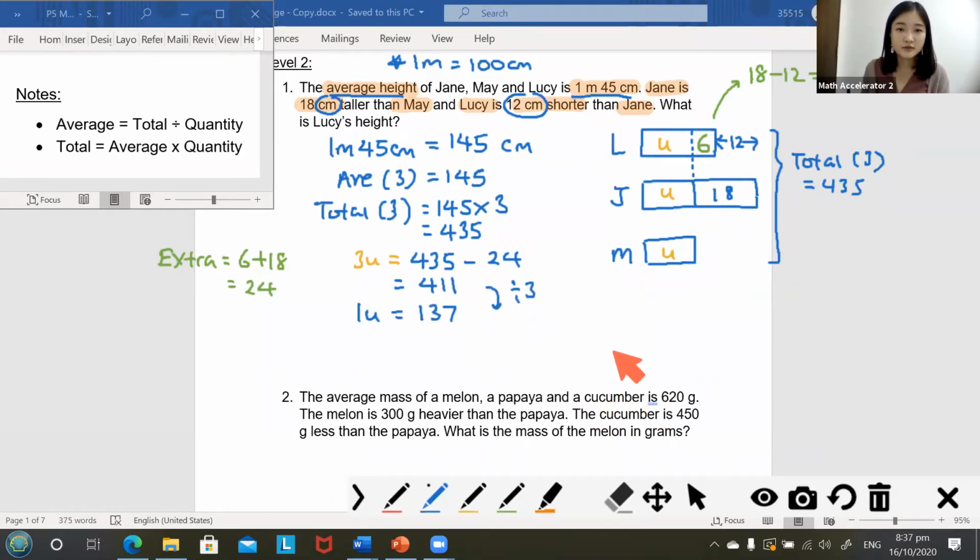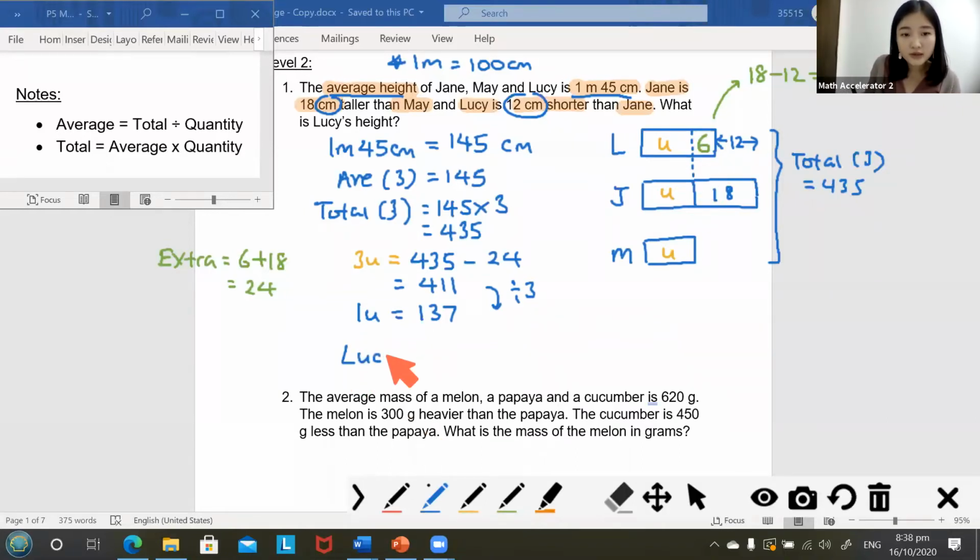Is this my answer? Do I stop here? No. Okay, good. We want Lucy's height. What we found is only May's height, 1 unit, right? But we want Lucy's height. We still need to, yes, correct, add 6.